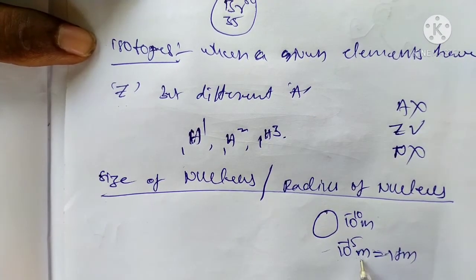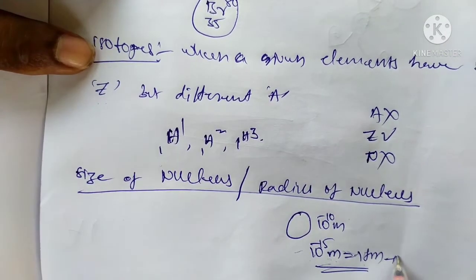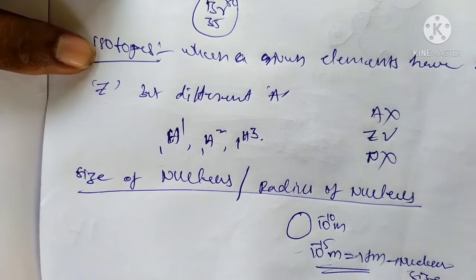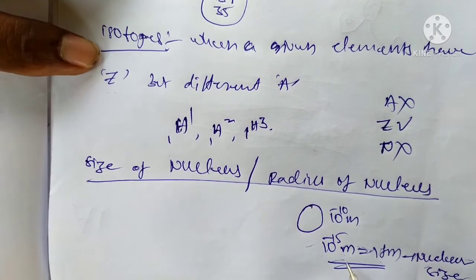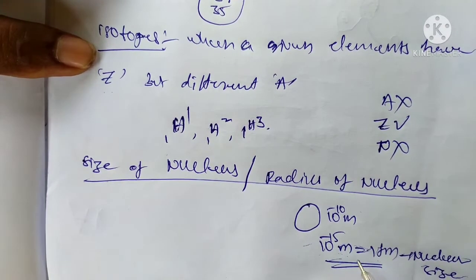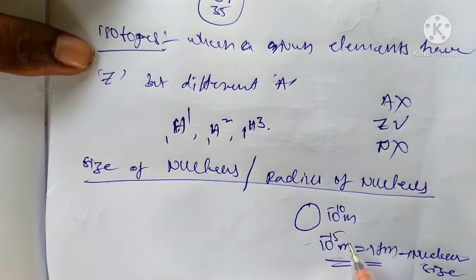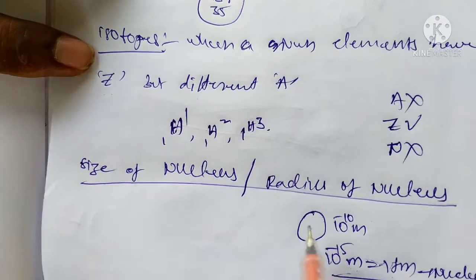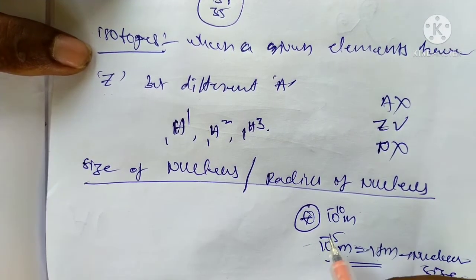So the nuclear size, or size of the nucleus, is 1 Fermi, which is 10 to the power of minus 15 meters. This is the relation between the nucleus and atom: how much size of the nucleus, how much size of the atom.